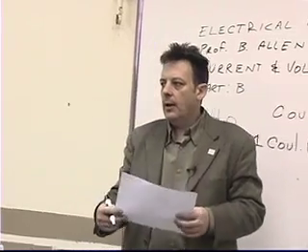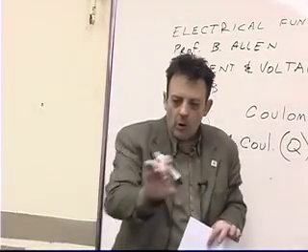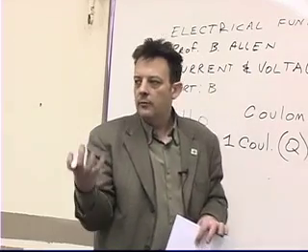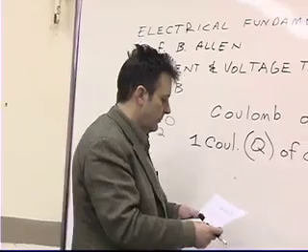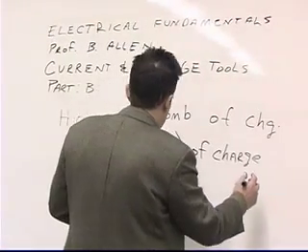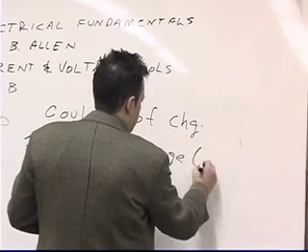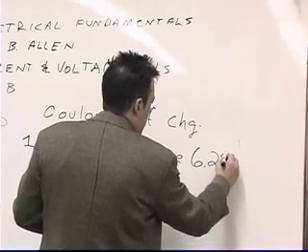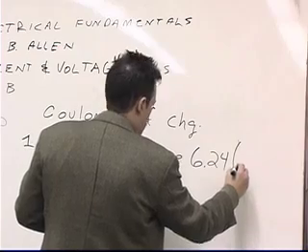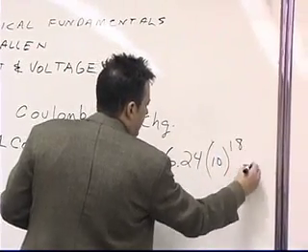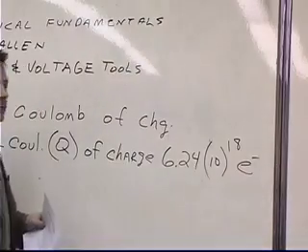Now, it may not be in a ball, it may be going through a wire. But we've got a big clump of negatively charged energy. In 1 Coulomb, there are 6.24 times 10 to the 18 electrons.